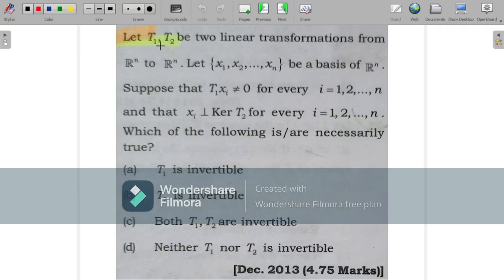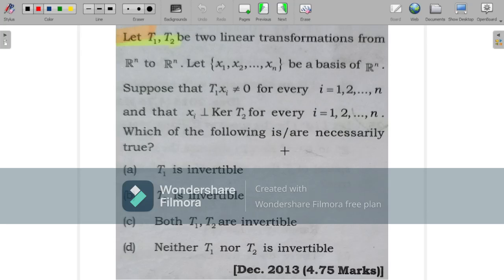Now the next problem is, let T1, T2 be two linear transformations from R to the power n to R to the power n. Let x1, x2 and so on up to xn be a basis of R to the power n. Suppose that T1 of xi is not equal to 0 for every i equal to 1, 2 and so on up to n, and that xi is orthogonal to the kernel of T2, that is the null space of T2, for every i equal to 1, 2 and so on up to n.